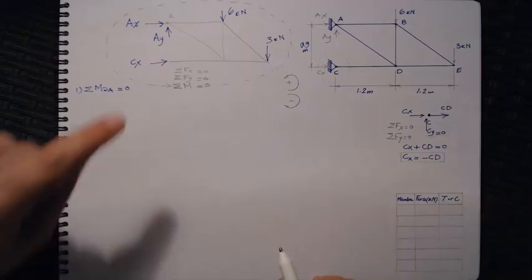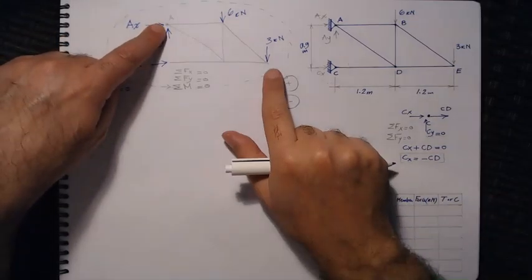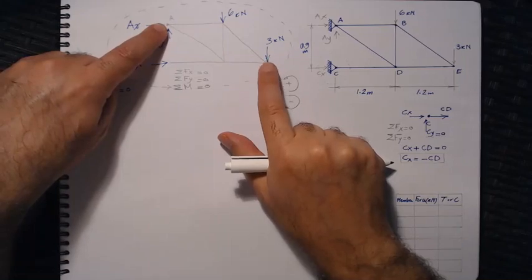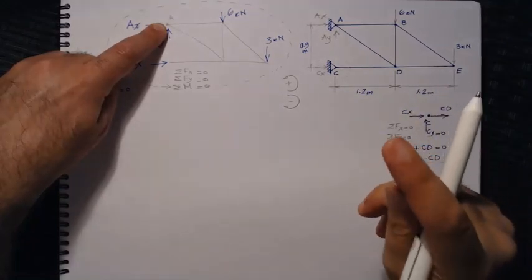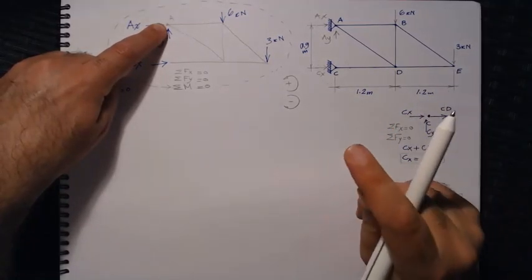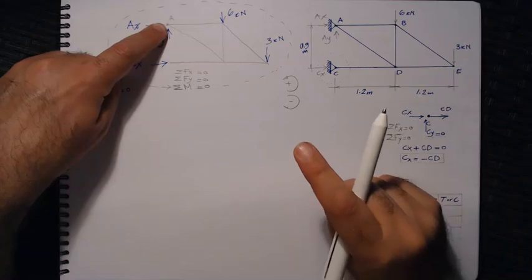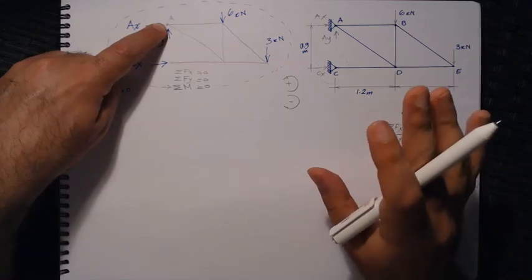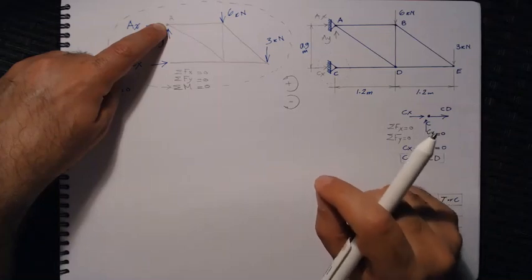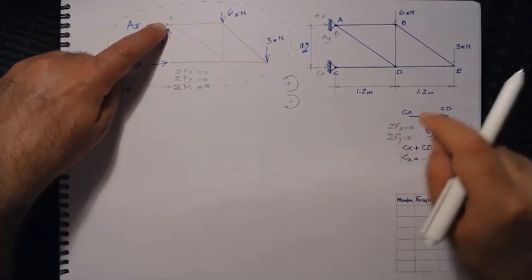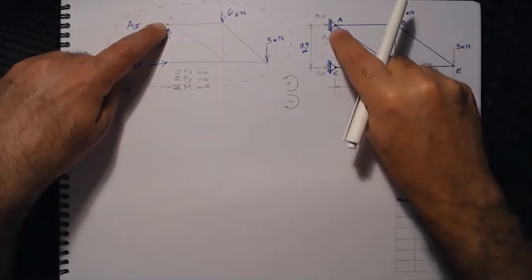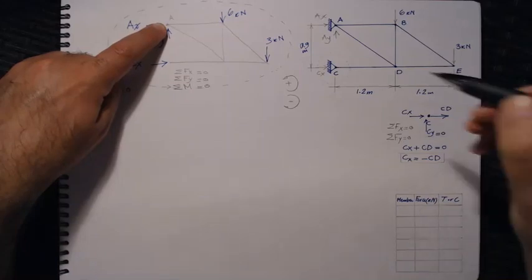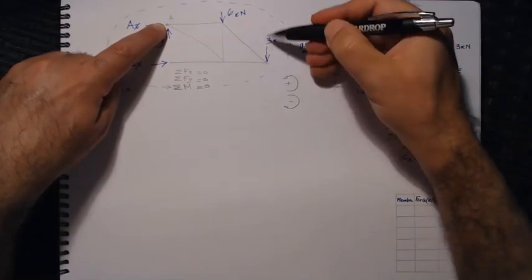So I'm going to put my finger here and I'm going to take the moment of the 3 kilonewton about A. So moment is force times distance. So I need a force and I need a distance. And it's not just any distance, it's the perpendicular distance. So how do you get the perpendicular distance from point E to point A? What I like to do is extend the force on both sides.